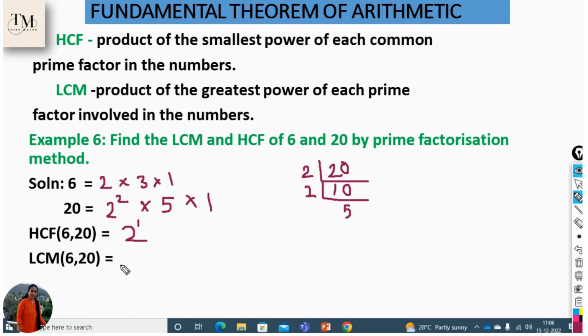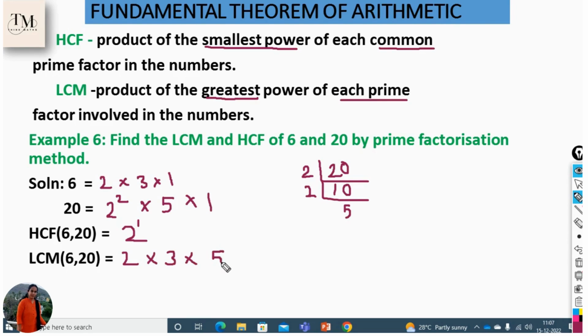So LCM is the product of the greatest power of each prime factor. HCF is the smallest power of each common prime factor and LCM is the greatest power of each prime factor. So we found the HCF. Next is LCM. What are the prime factors? 2, 3 and 5.